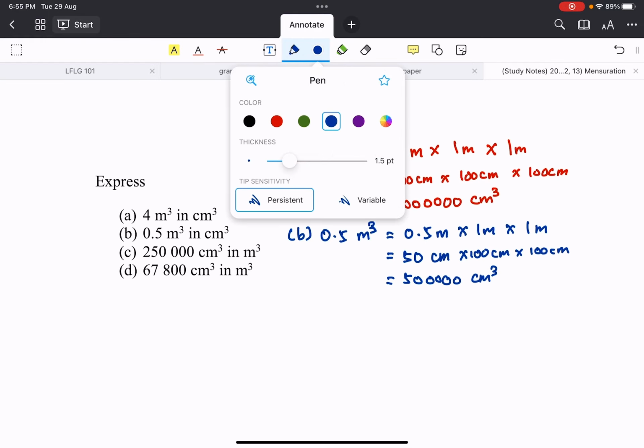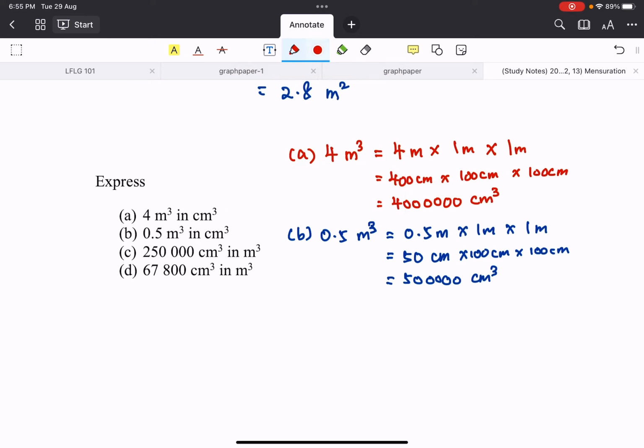You see how it works? All right, a couple more examples. Let's write it here. So part C, we have 250,000 cubic centimeters. I can break this down into, let me see, maybe we try 25 centimeters by 100 centimeters by 100 centimeters.